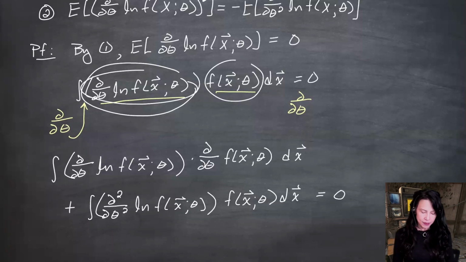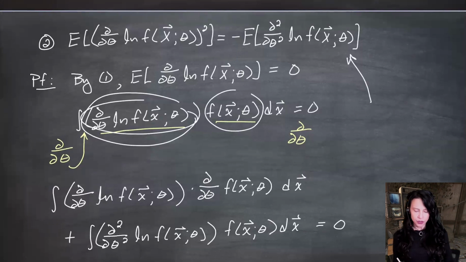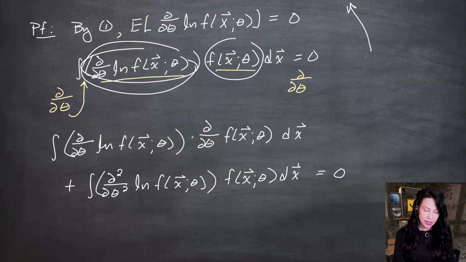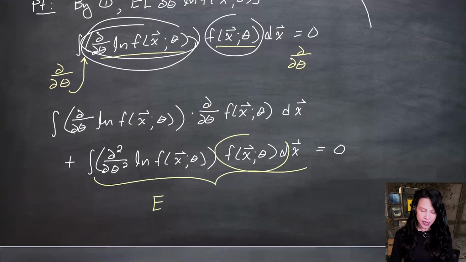Okay, I'm hoping to see something. And the thing we're trying to prove up here is all in terms of expectations. So let's make sure we have some expectations here. The second term is already an expectation because you see the PDF here. So this second term is the expected value of the second derivative with respect to theta of the log of f of capital X and theta.